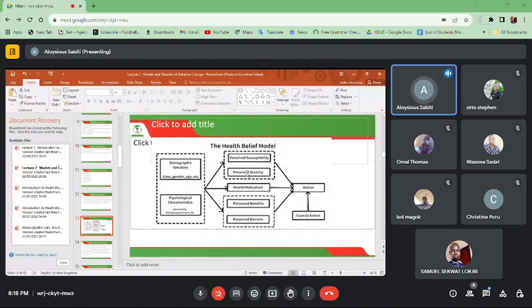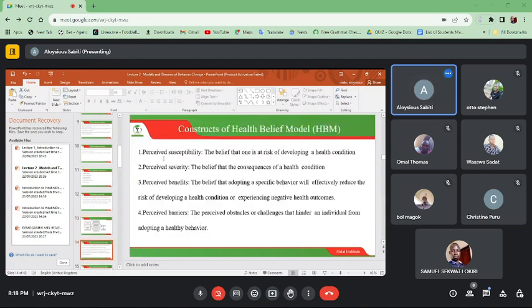The perceived susceptibility, the perceived severity, the perceived benefits, and the perceived barriers influence someone's action, how they influence someone's cue to action, then the action itself. So this is how it flows, as I just explained, from the perceived susceptibility to perceived severity to perceived benefits to perceived barriers.